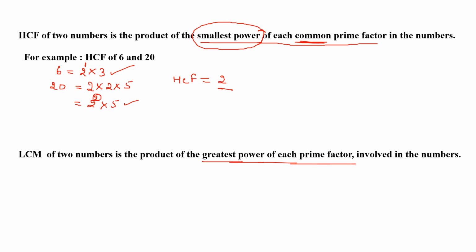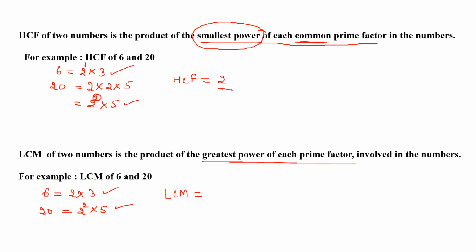So if I take the same example, the LCM of 6 and 20. 6 I write as 2 into 3, and 20 I can write as 2 square into 5. According to the definition, the LCM is the product of the greatest power of each prime factor. Here my prime factors are 2, 3 and 5, isn't it?